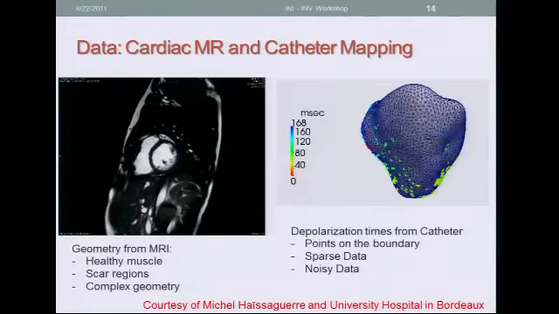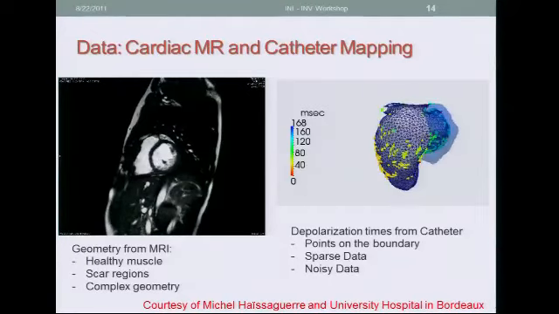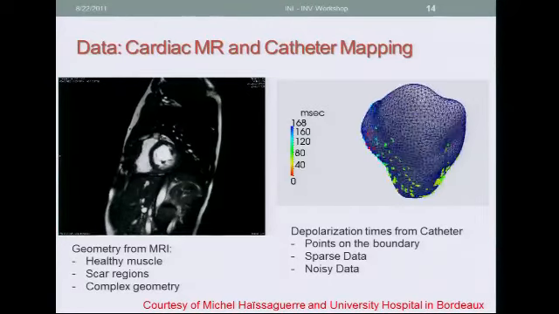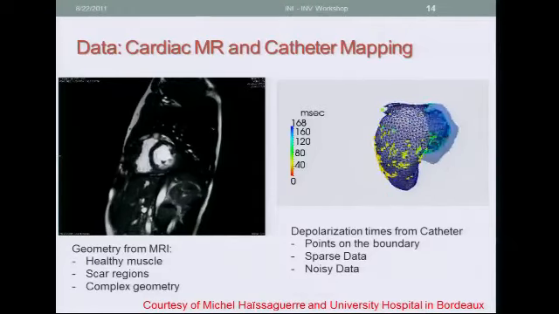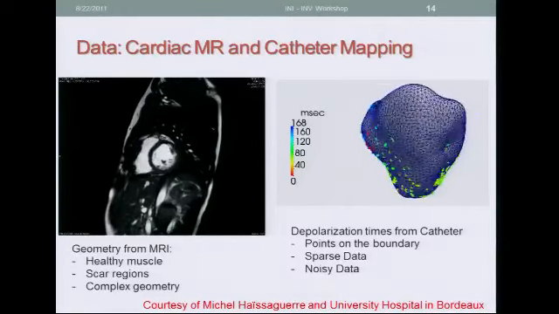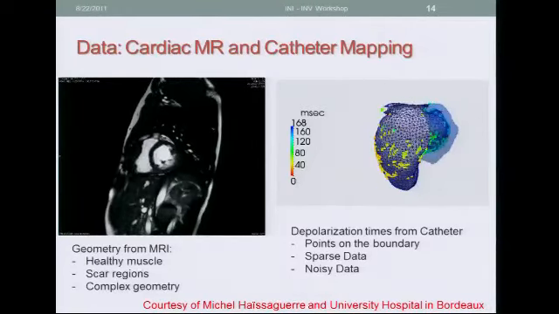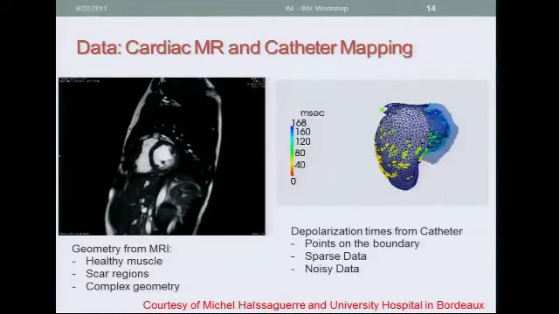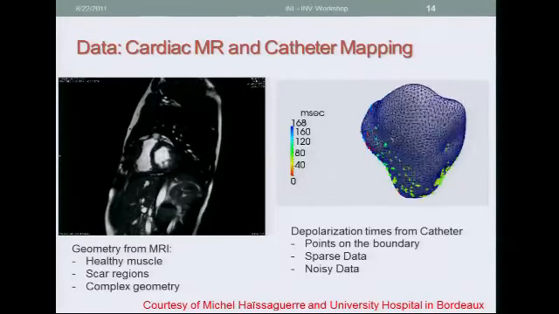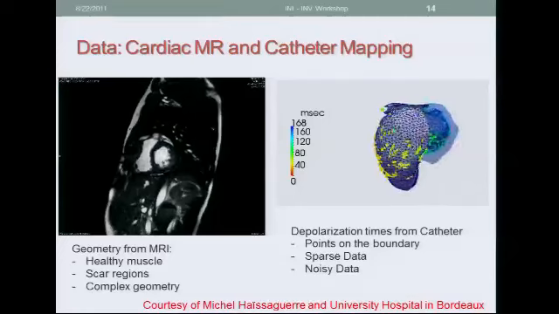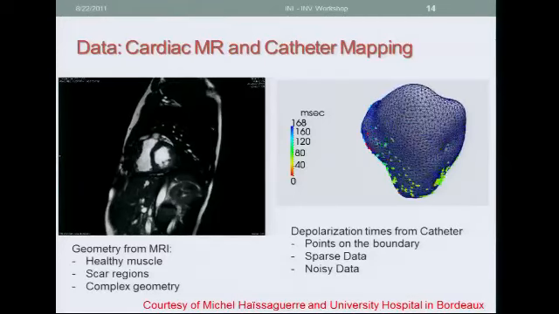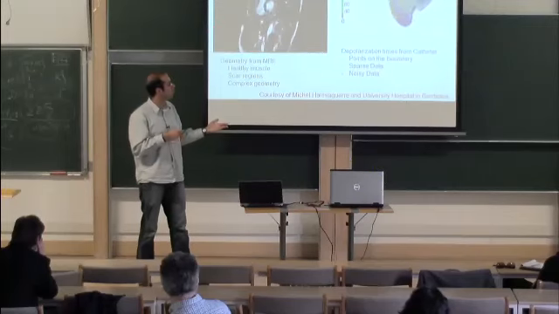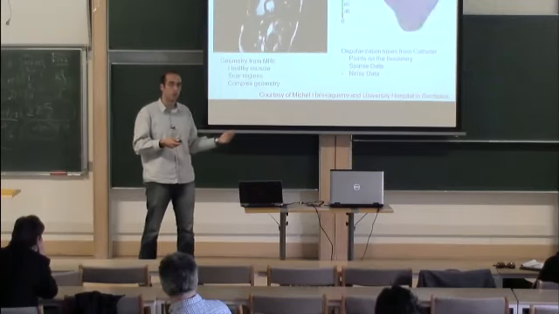These points, what we see in here, are those catheter mapping points and where they touch the cardiac surface. So basically what we have here, we have, for example, the potential mappings at these points. So we've seen that the partial differential equation holds for the whole domain, and we have the electrical activity going on through the muscle. However, we have only a sparse number of points on the boundary.